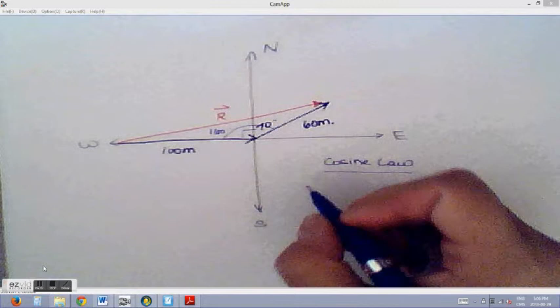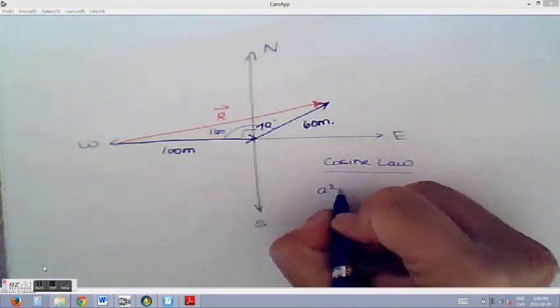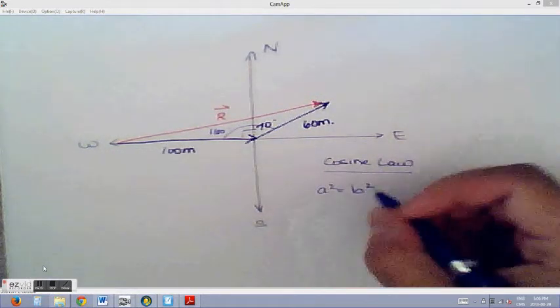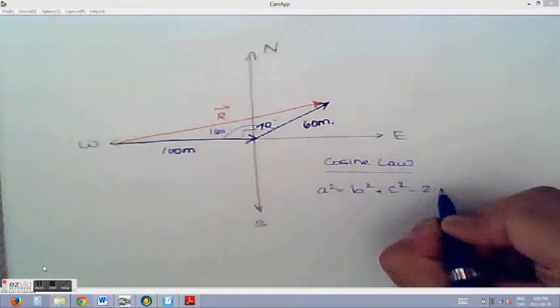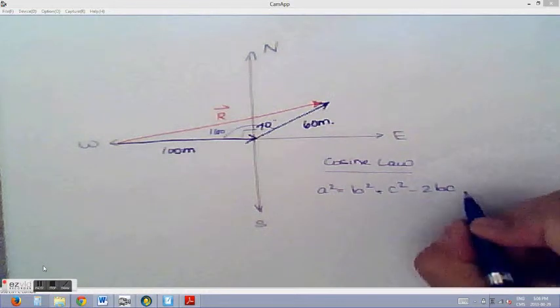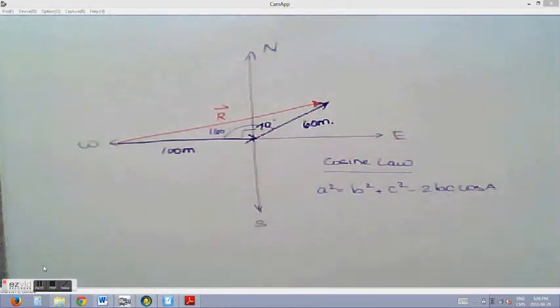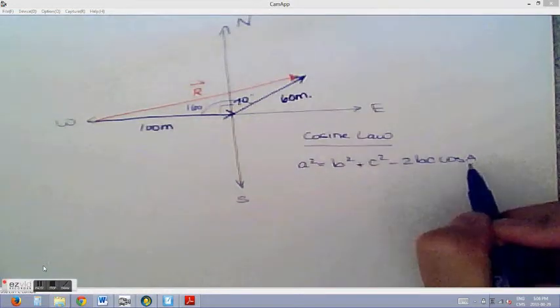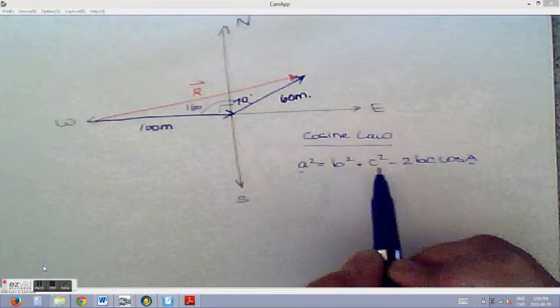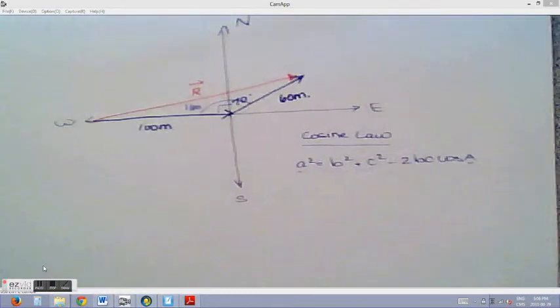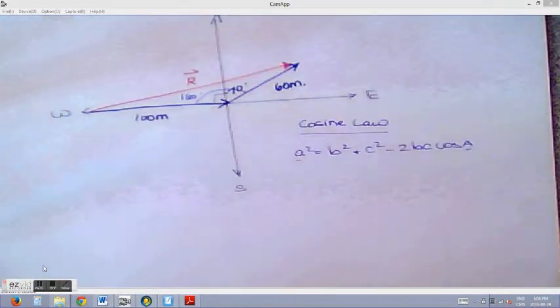So cosine law, we can say, is a squared, generically, is b squared plus c squared minus 2bc cosine of angle A. Remember that this angle and this side are opposite to each other. Small letters are the sides.